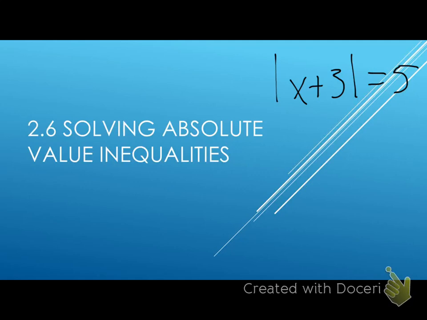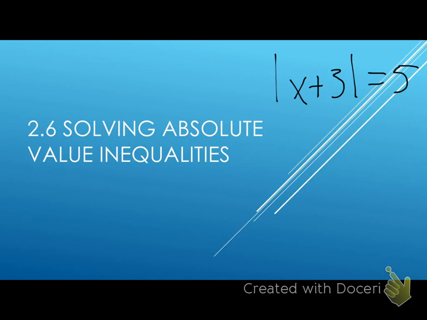If your C value is greater than or equal to 0, you can set up your two equations, right? If it's less than 0, what was my answer? No solution, because my absolute value cannot equal a negative. The C value part's not going to be exactly the same today, but we will have to deal a little bit with our C value. So, our C value is greater than or equal to 0, so we set up our two equations.